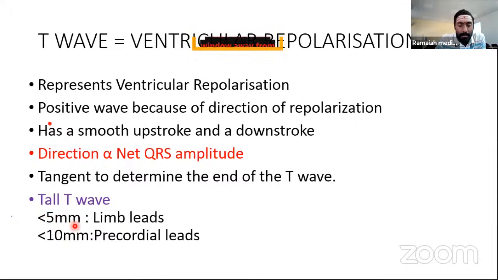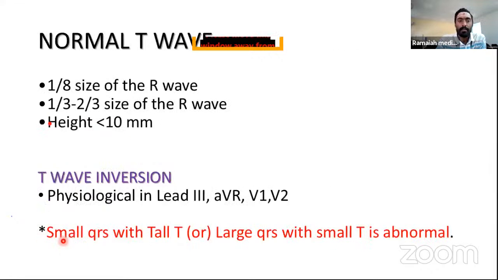Anything more than 5 millimeter in the limb leads and more than 10 millimeter in the precordial leads is called a tall T wave. So, a summary of the same: 1/3 to 2/3 of the size of the R wave, height less than 10 millimeter. And very important here, T wave inversions can be physiologically seen in lead 3, aVR, V1 and V2. Take home message is, whenever you see a small QRS with a very large T wave or a very huge QRS with a very small T wave, you think it is abnormal.